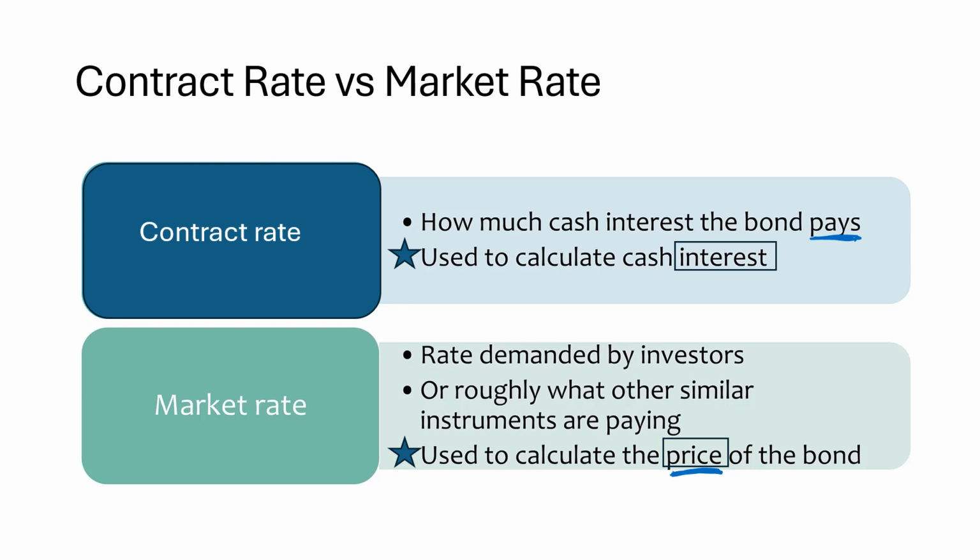So even though the face of the bond and the contract say, for example, that it is a $1,000 bond with 10% interest, that does not necessarily mean that is what the investor will pay for that bond.